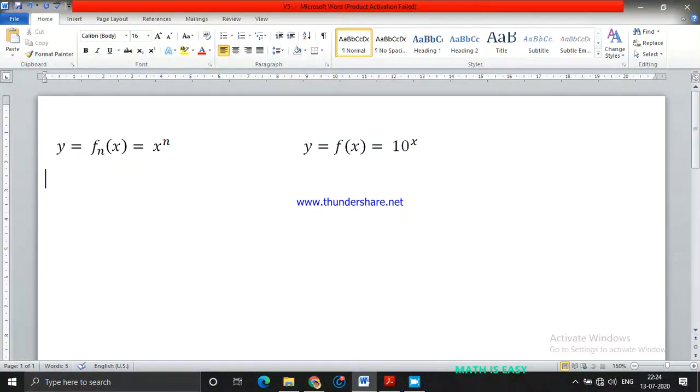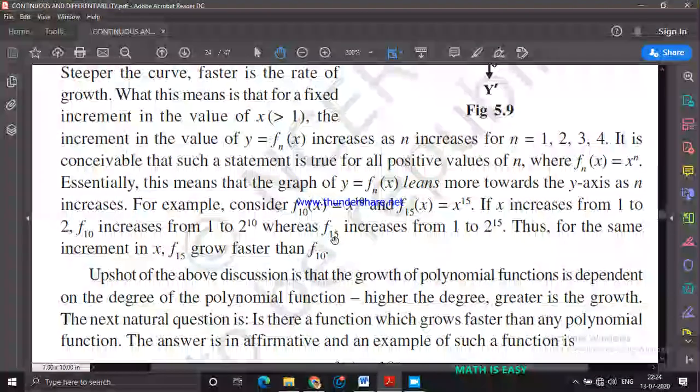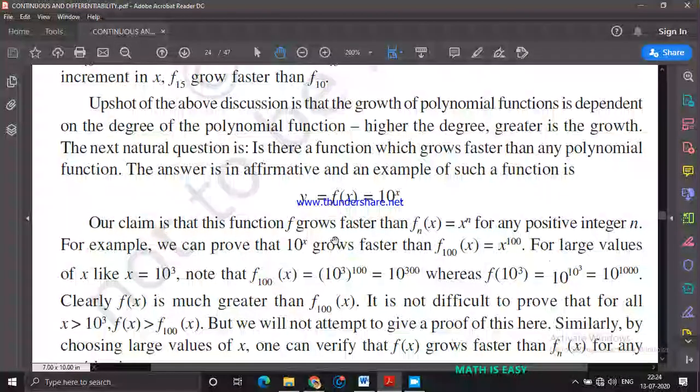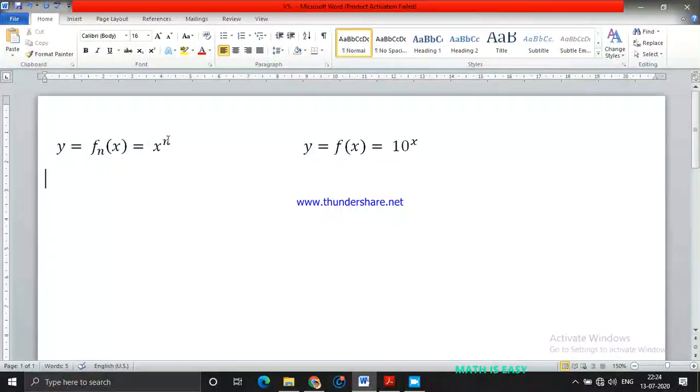If I take n value as 100 in this equation, then I'm going to get x to the power 100.